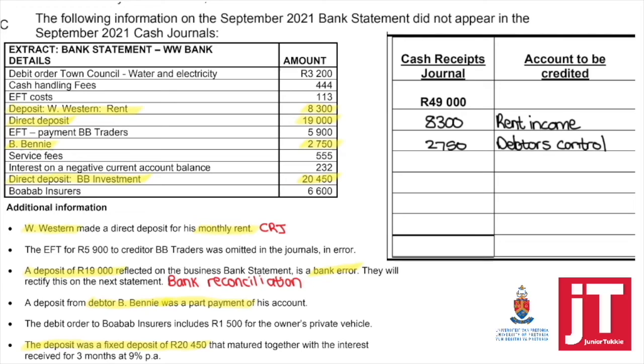Fixed deposit? It wasn't only the fixed deposit. This was the fixed deposit plus interest that we've received for 3 months. Good principle, materiality. I need to know what was the return on my investment. So we need to find out what was the fixed deposit amount and what was the interest.